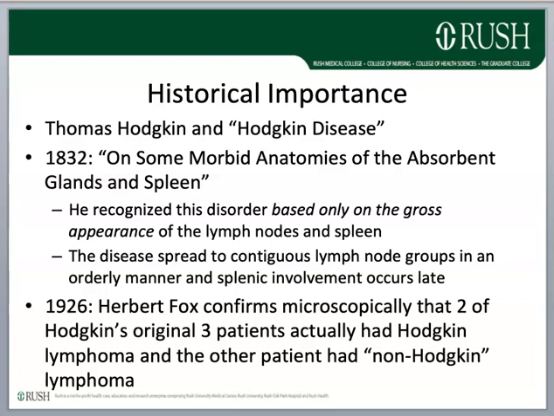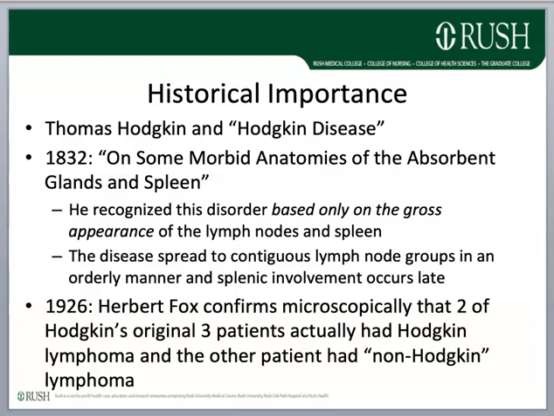He did recognize that tuberculosis coexisted in some of the patients, but the firmness and size of the nodes and nodules in the spleen made him conclude that these findings were different, and so he recognized this disorder grossly. He also pointed out the disease spread to contiguous lymph node groups in an orderly manner, and that splenic involvement was a late development of this lymphoma that was attached to his name.